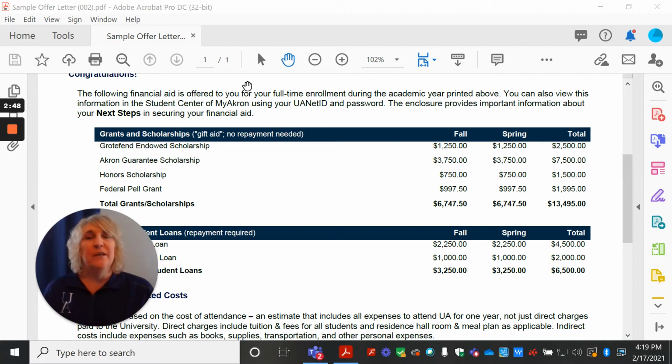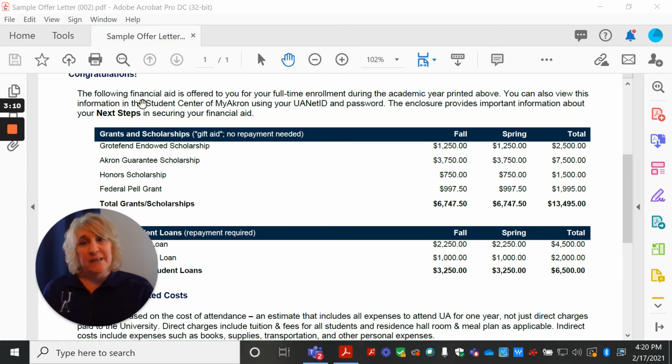So for example, if your charges for the fall semester were $6,000 and you had a $2,000 scholarship for the fall semester, they would automatically debit and you would have a balance left of $4,000. So then all of your other types of financial aid could apply toward that remaining balance.